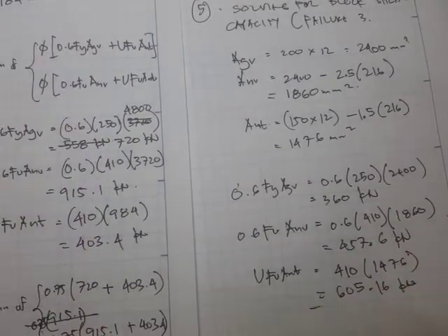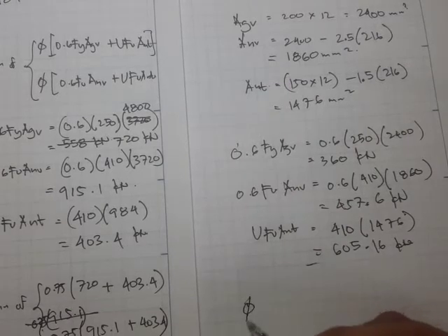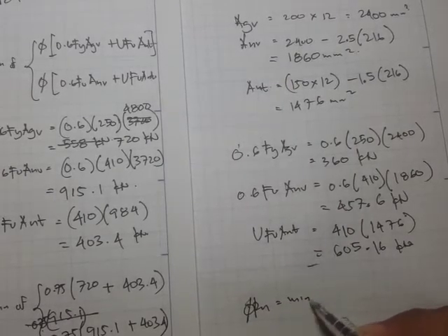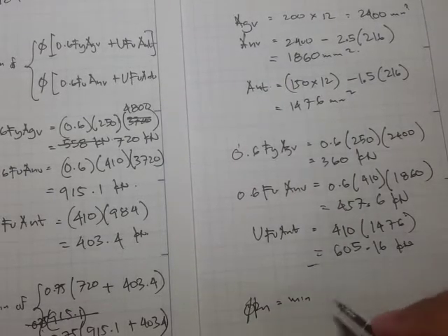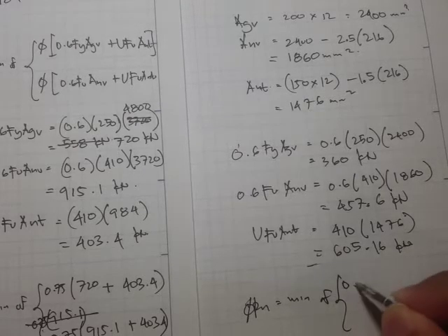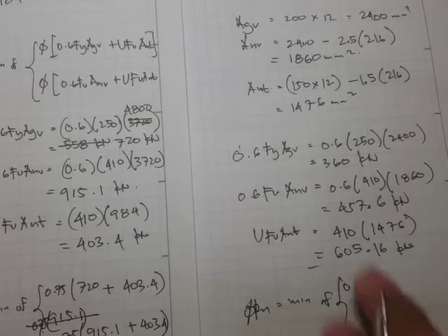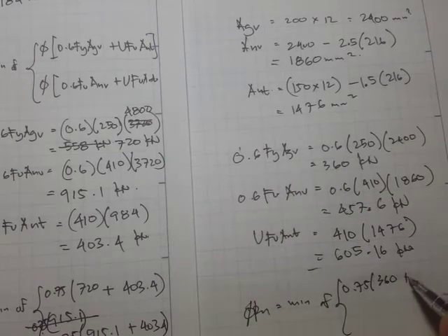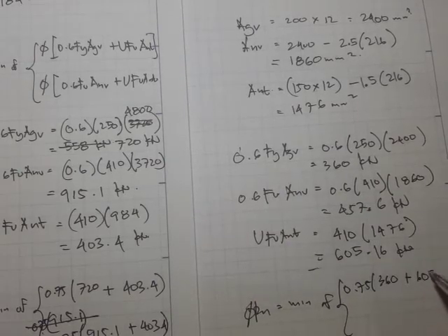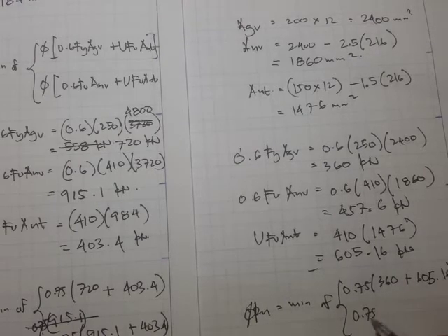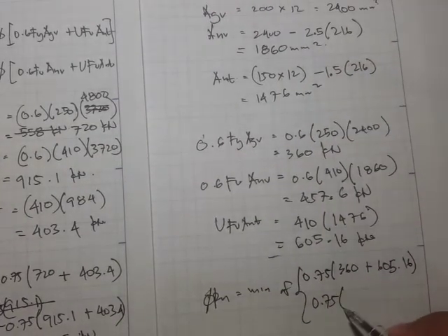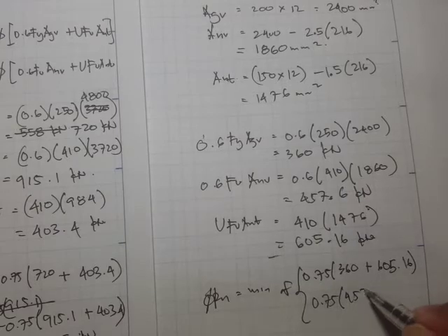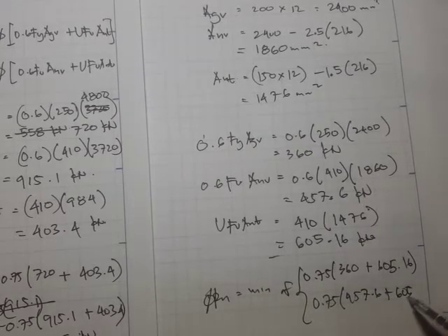Okay, so now we can solve phi Rn, which is the minimum of 0.75 times this one, 360 plus 605.16, or 0.75 times 457.6 plus 605.16.